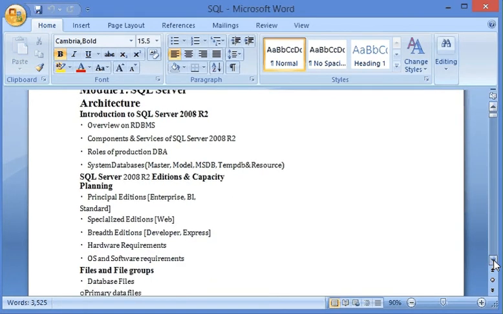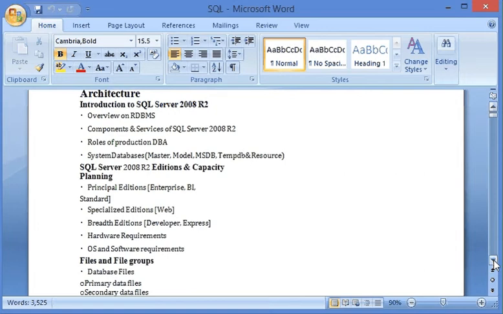In this module, I'll be covering the introduction to SQL Server 2008 R2, wherein I'll be giving you some theoretical information on the RDBMS, and I'll be explaining all the different types of components and services of SQL Server 2008 R2.